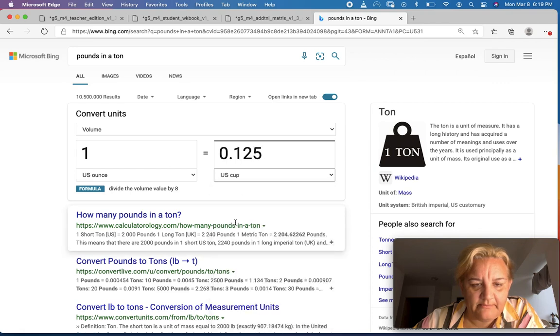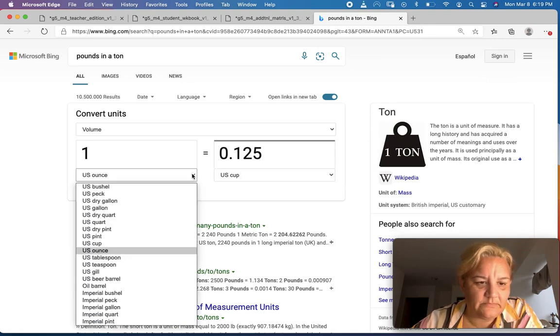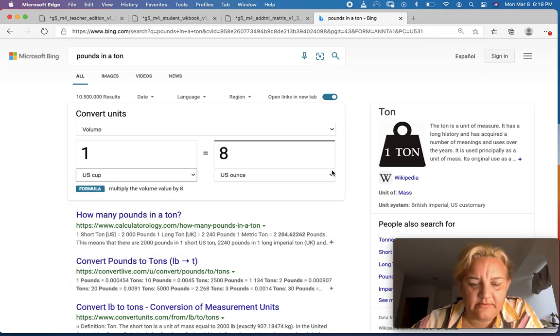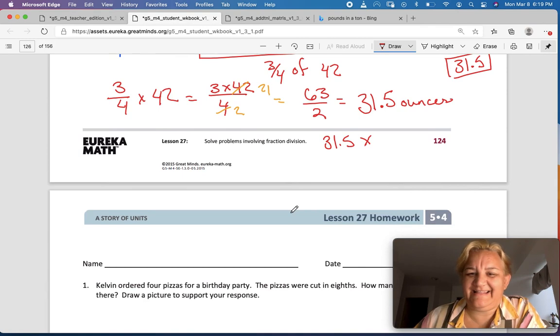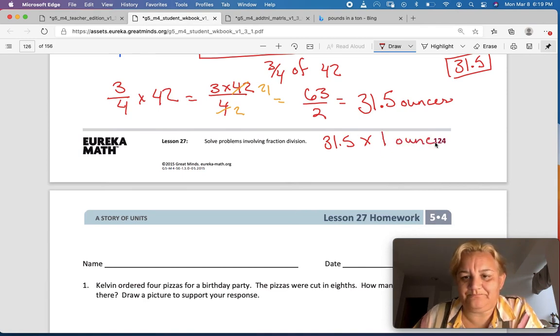There we go. Let's do it the other way. 1 cup equals 8 ounces. There we go. Okay, so 1/8 of a cup equals 1 ounce. That means 31.5 times 1/8 of a cup.